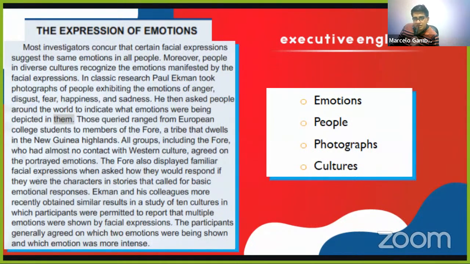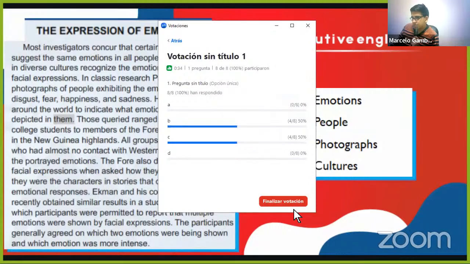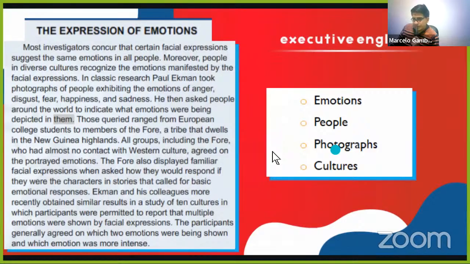Which one is it? One person's missing. Okay, so I have a 50% chance. 50% is on C, and the other 50% is on B.